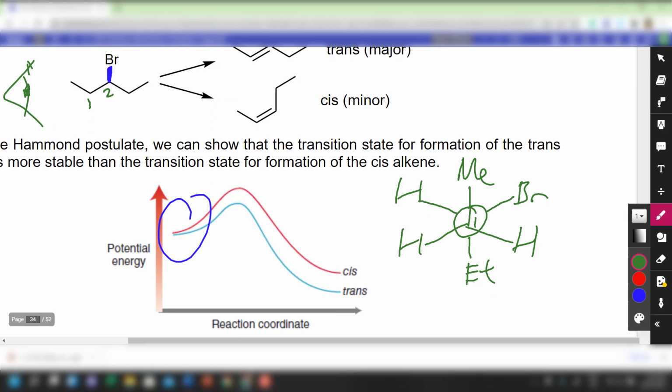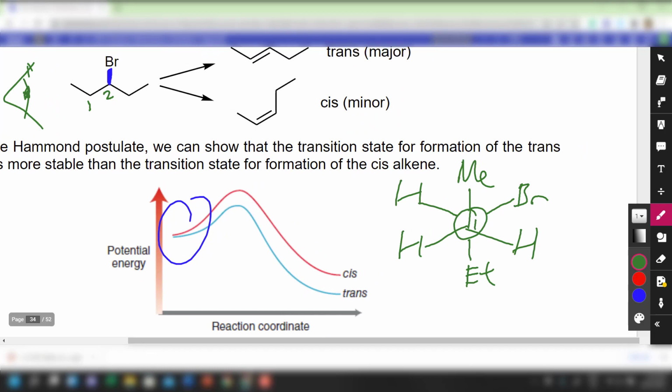I just want you to notice one little thing over here. In order for elimination to take place, maybe some form of bond rotation is required, but in this case probably no need, because there will be some steric repulsion here, but that is fine.